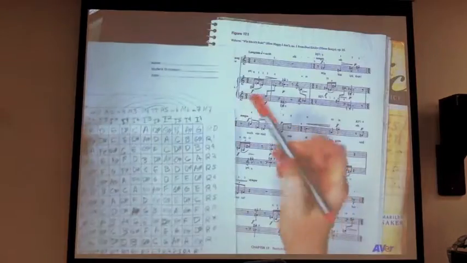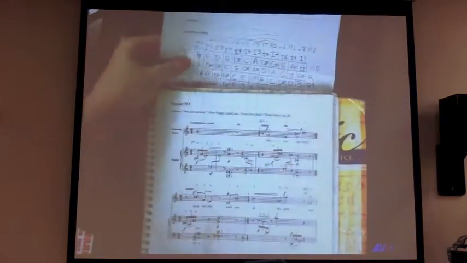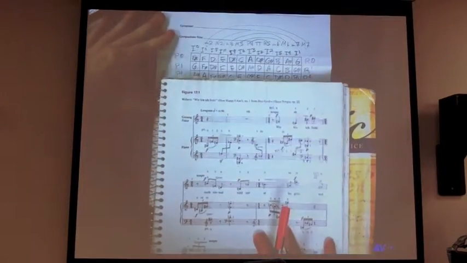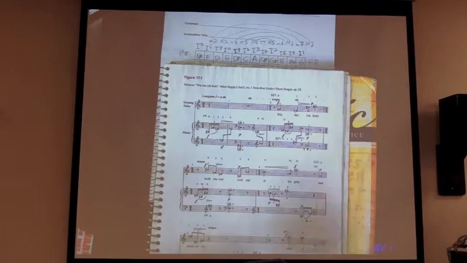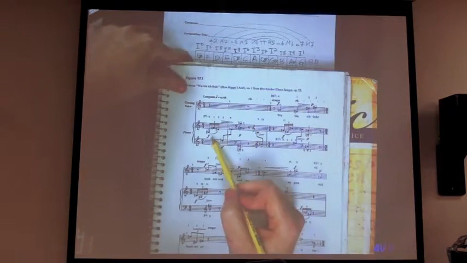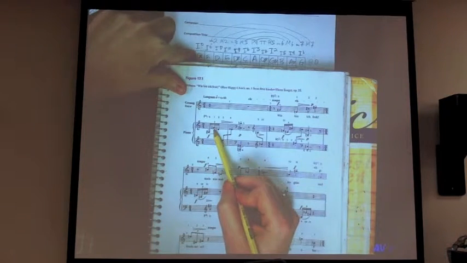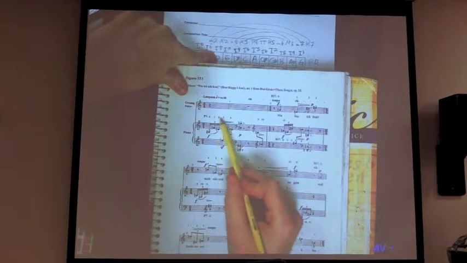And here we can look at the beginning. We've got F sharp, and we go to F natural and D. So there's our first little trichord, right?